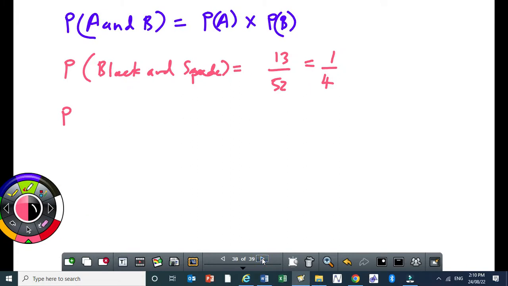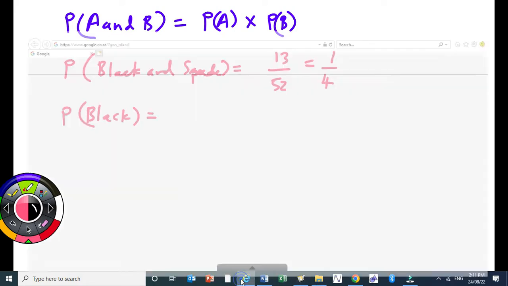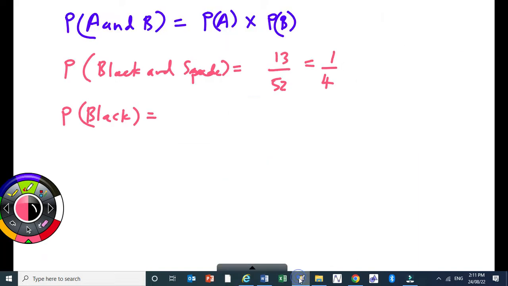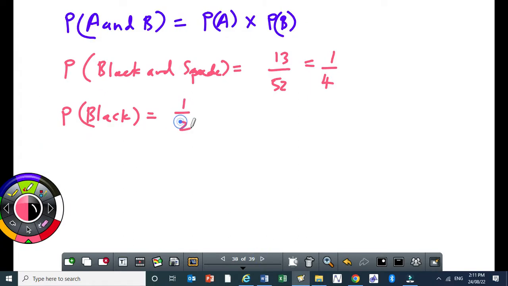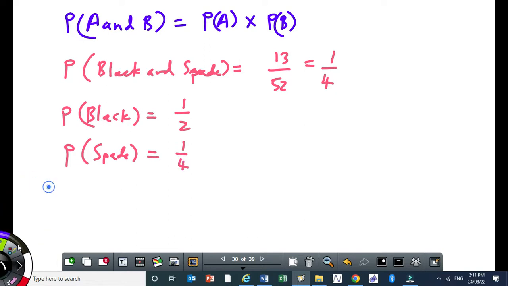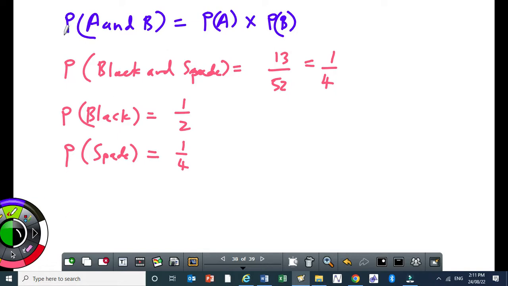Okay. So the probability of getting a card which is black, what is it equal to? That will be 26 over 52, which is a half. What is the probability of getting a spade? It's a quarter. Okay? Then we substitute now. Where there is and, here we are going to put a quarter.